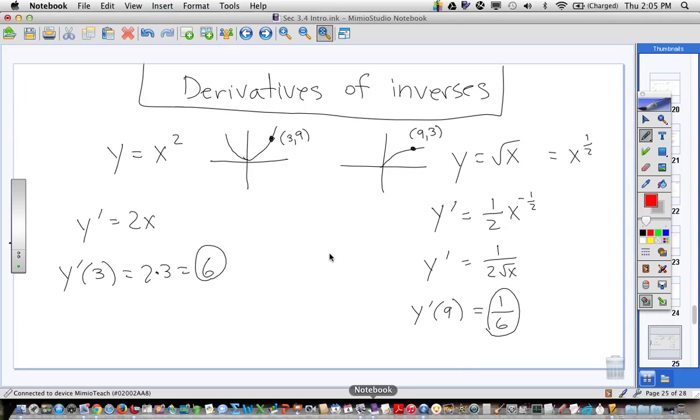Now, hopefully a month from now, when we read that, that'll make sense, but I'm not guaranteed. The inverse functions have reciprocal derivatives, reciprocal slopes, but not at the same point.